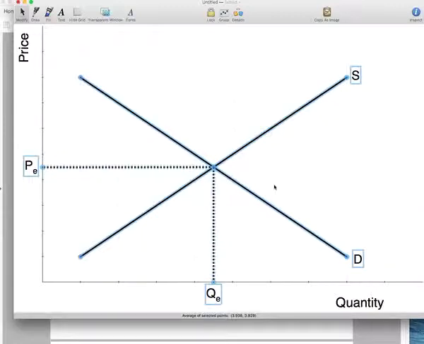We have a downward sloping demand curve because the law of demand states that there's an inverse relationship between price and quantity demanded. And we have an upward sloping supply curve because the law of supply states that there is a positive relationship between price and quantity supplied. And where they intersect is where the equilibrium in the marketplace occurs.